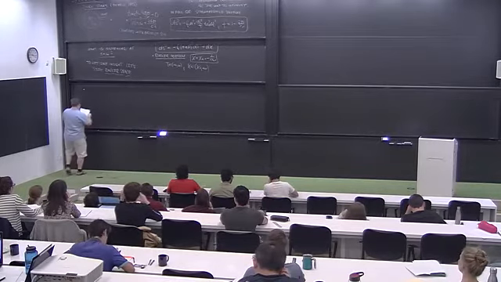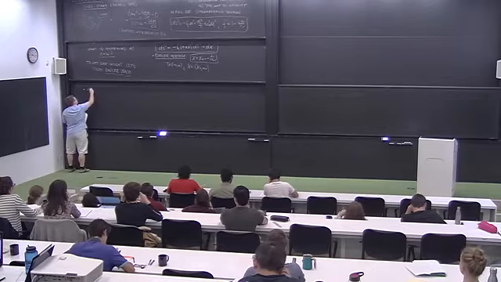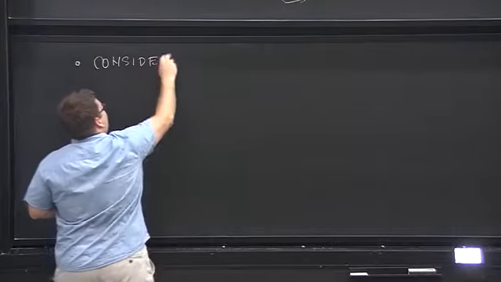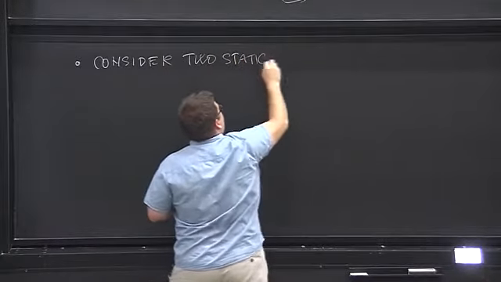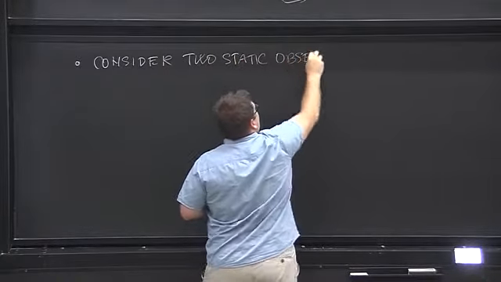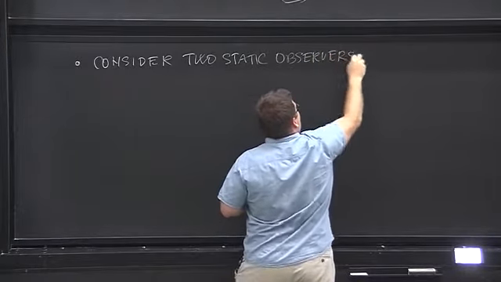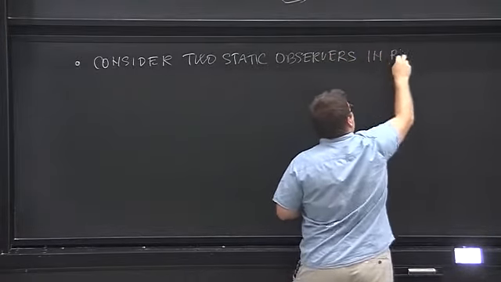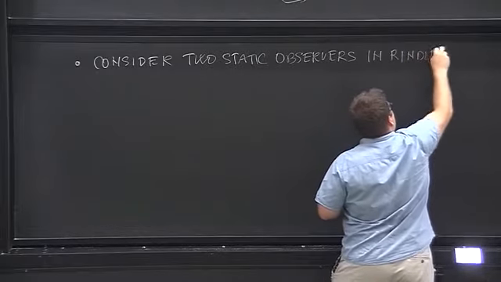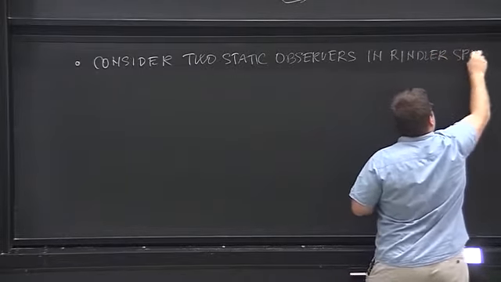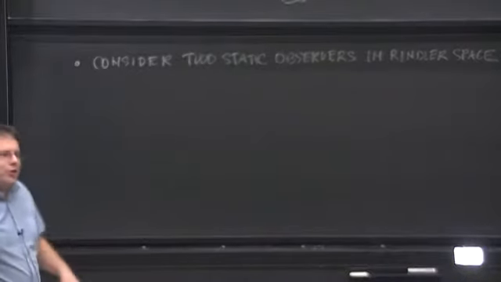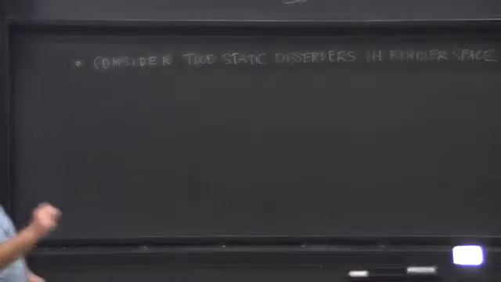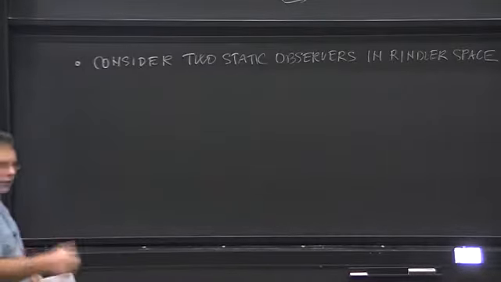So consider two static observers in Rindler space. And then calculate the ratio of the frequencies they see if they send signals to one another. So they are static, so they are sitting at x equal to constant.